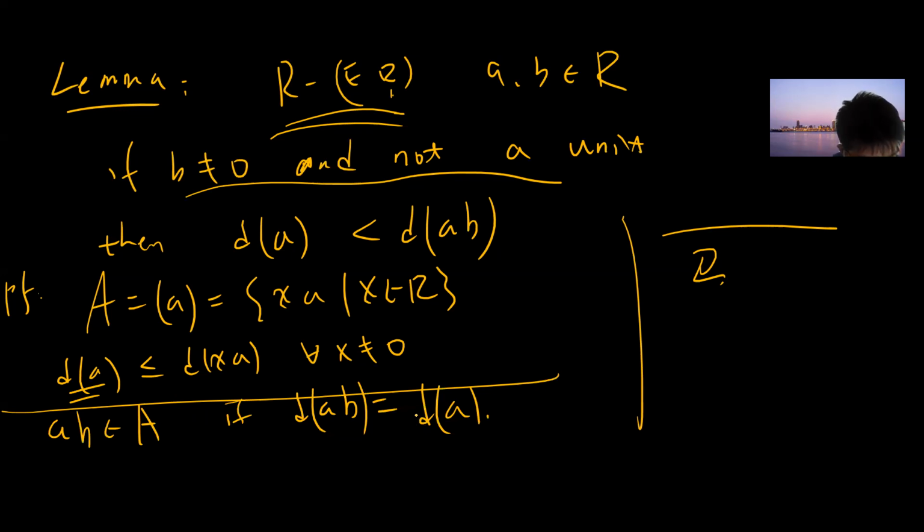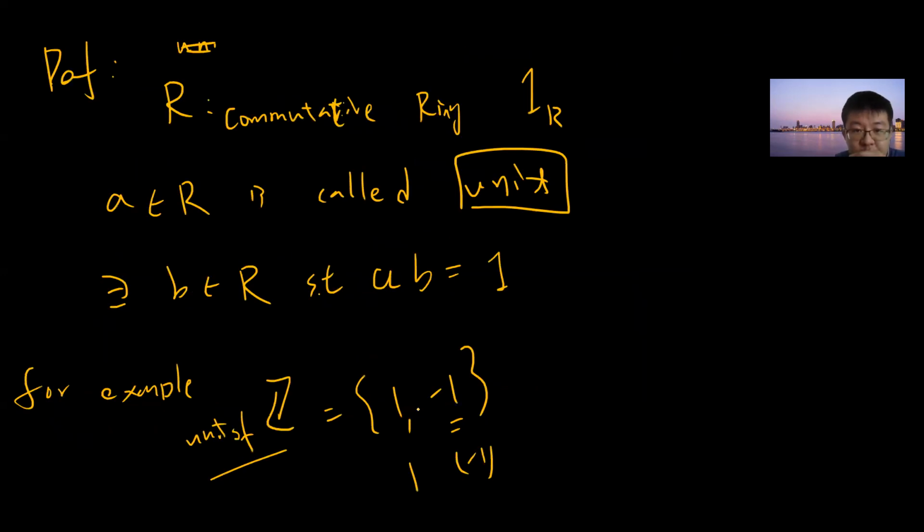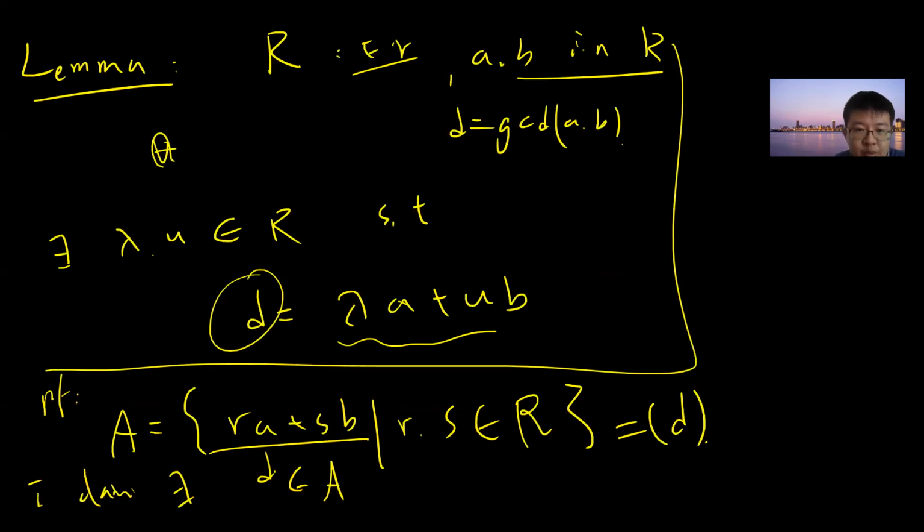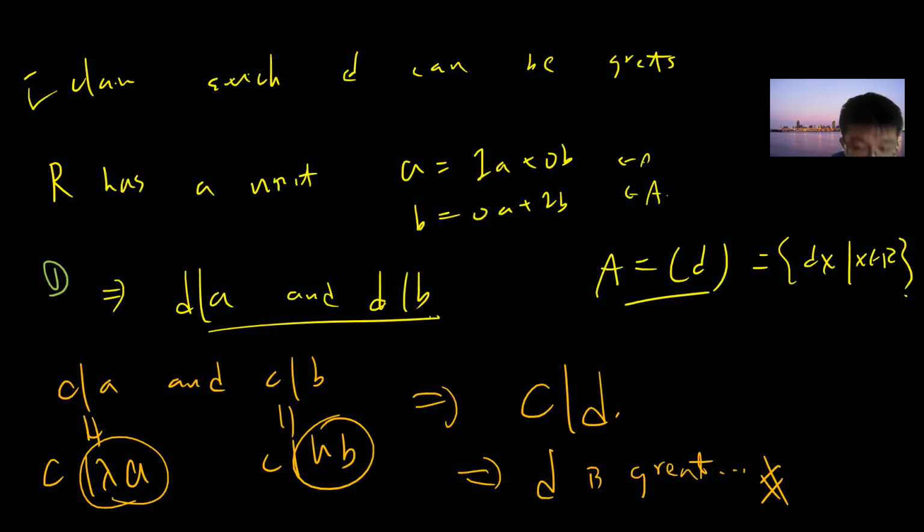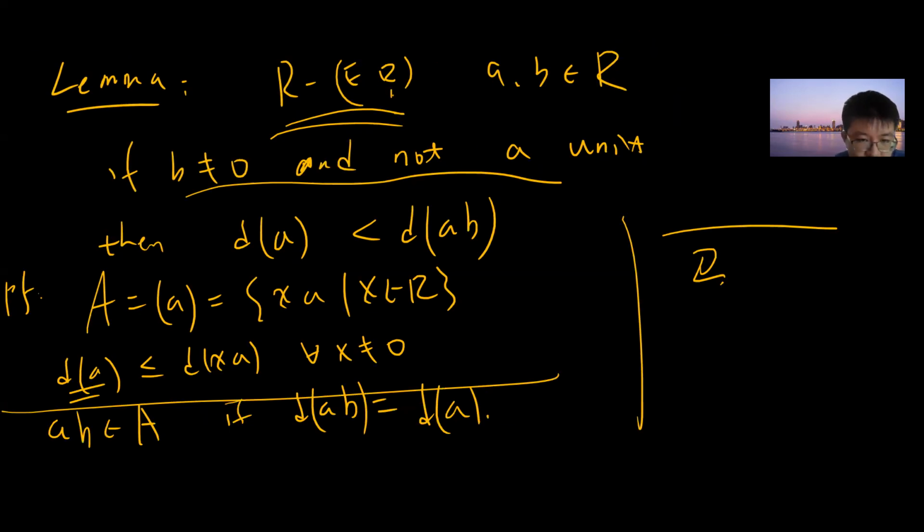then we use a theorem we proved before: the greatest common divisor can be written as a linear combination. So now we get D of AB equals D of A, right? We use the previous proof, so if this is the case, then A must also be generated by AB.